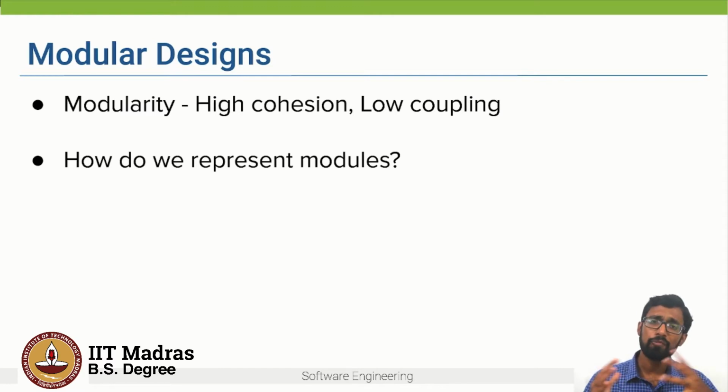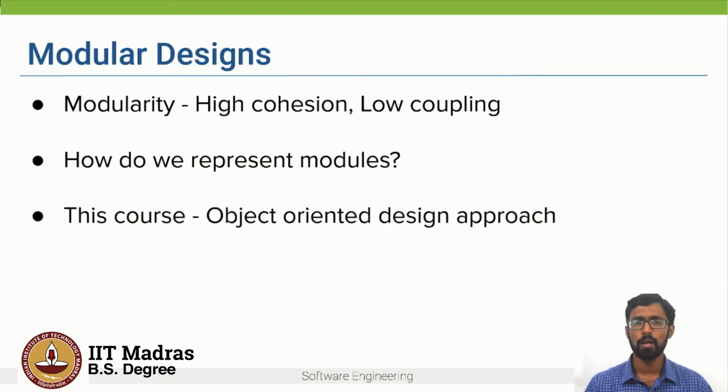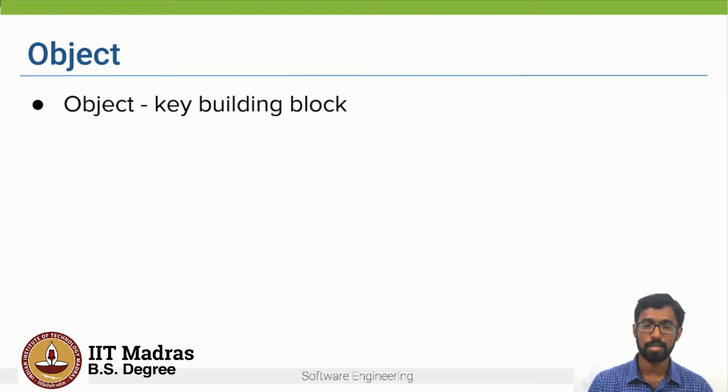Now there are different ways of looking at a design. In this course, we will be following an object-oriented design approach. So let us look at the basic concepts from an object-oriented design perspective. As the name suggests, the key building blocks of a design in this approach are objects.